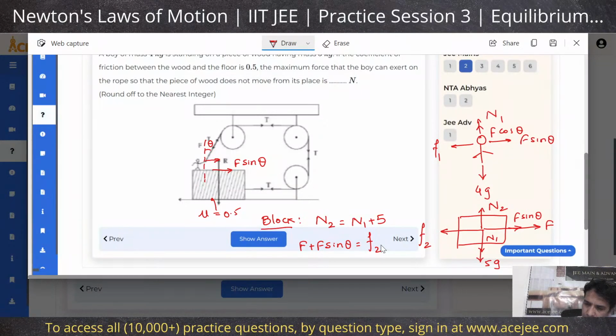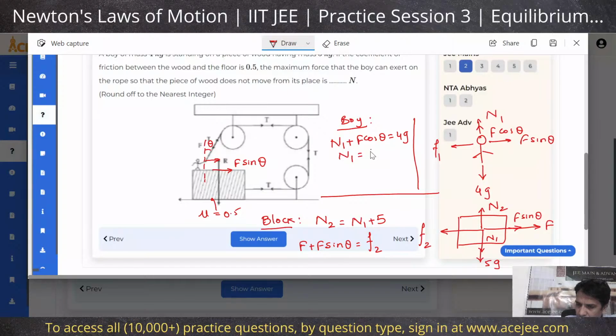Now, let's quickly write the equations for the boy. In the vertical direction, N1 plus F cos theta is equal to 4g. That means N1 is equal to 4g minus F cos theta.